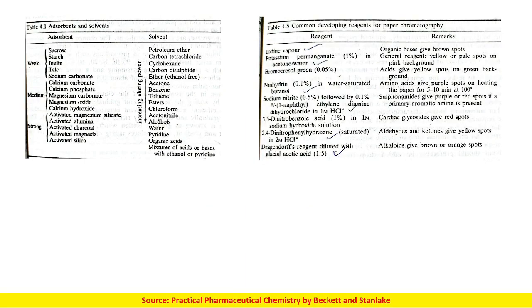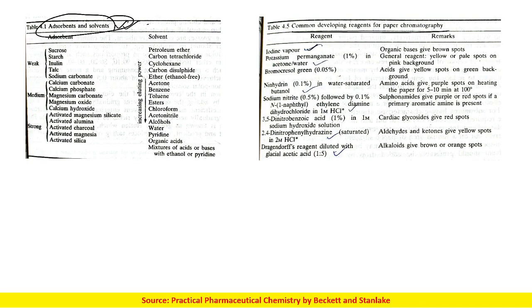Now adsorbents and solvents, what are the different adsorbents and what are the different solvents which we can use for the TLC. Okay, and then there are some common developing reagents for paper chromatography which can also be used in the TLC. Iodine vapor.